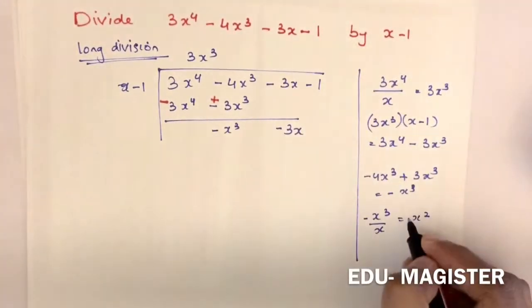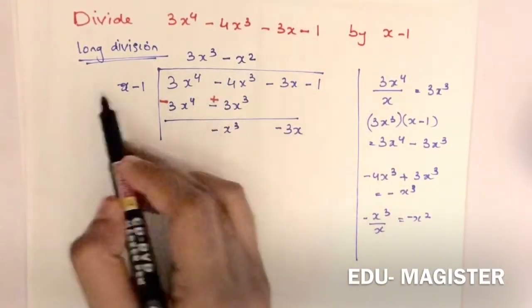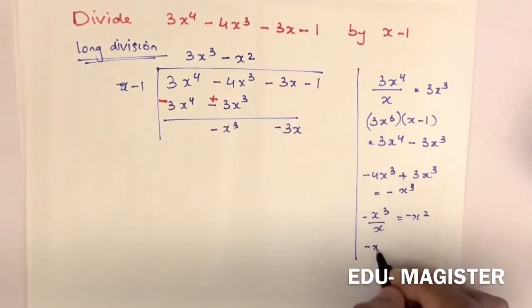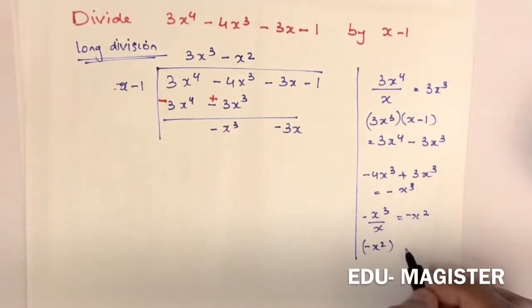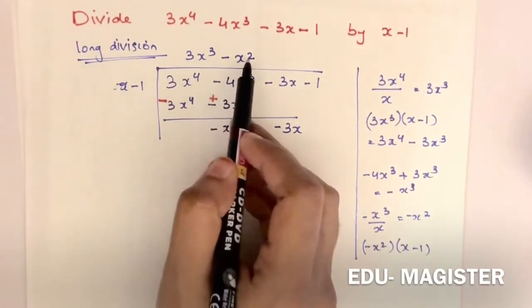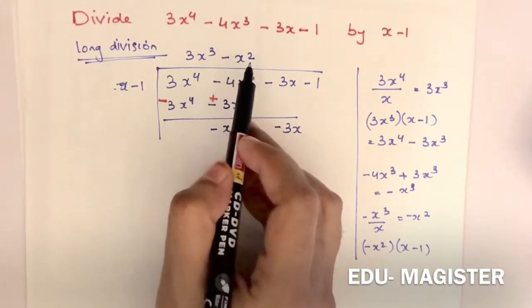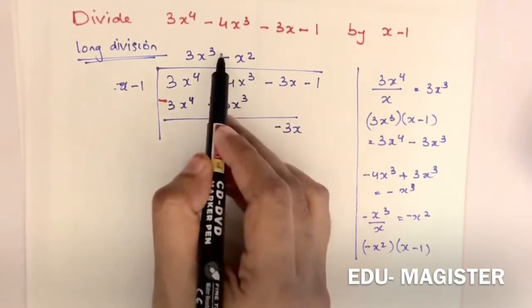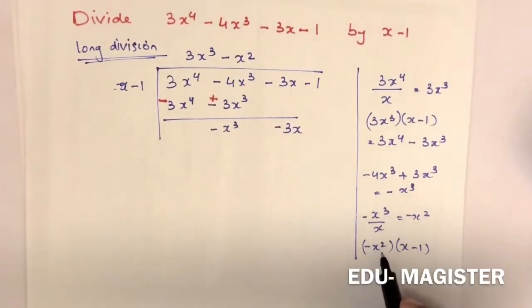Answer will be minus x square. Again multiply minus x square with x minus 1. Each time you need to multiply with the quotient you got in that step. So in this step the quotient we got was minus x square. So it is minus x square multiplied by x minus 1.